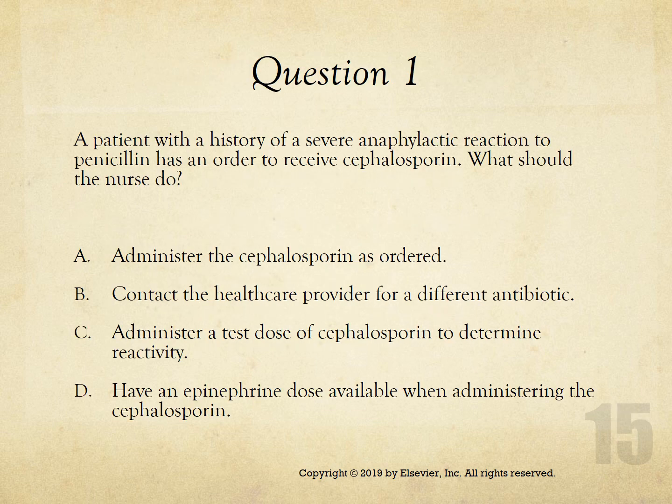So after this little overview, a patient with a history of severe anaphylactic reaction to penicillin has an order to receive cephalosporins. What should you do? And your answer, of course, is B. You would contact the provider, if there's another provider.